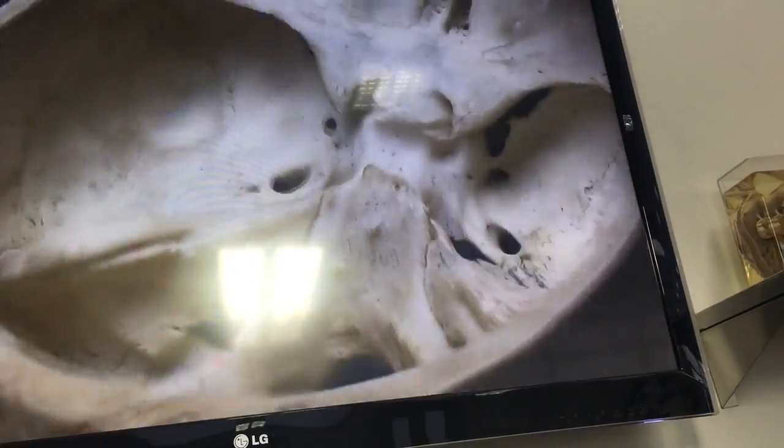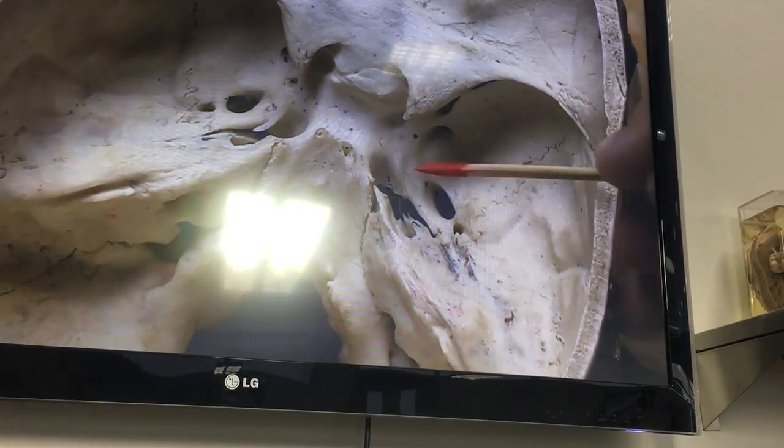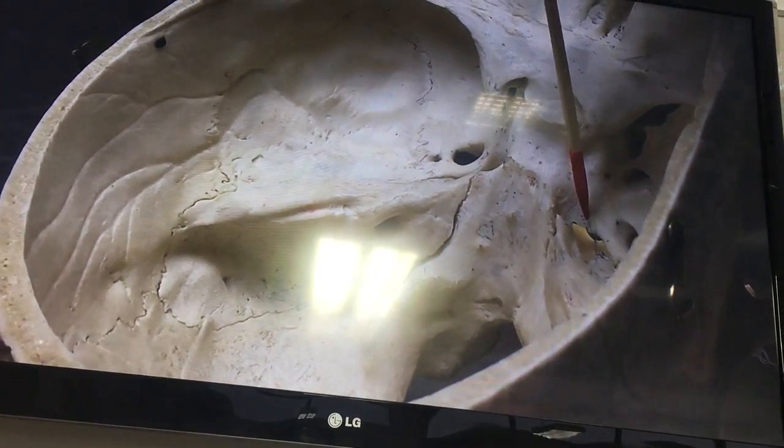In terms of orientation, turn the skull a bit. Oriented here. Yeah, it's better there. Lingula here, like on top there.